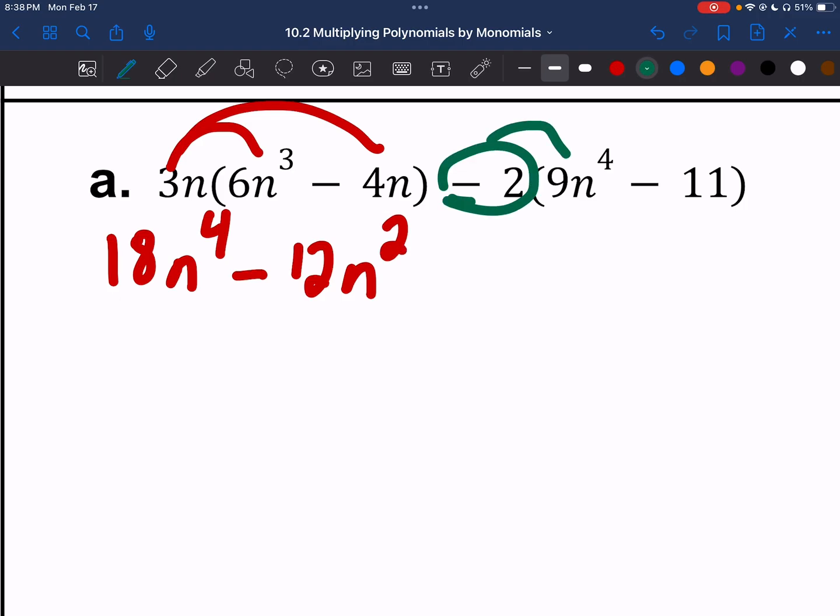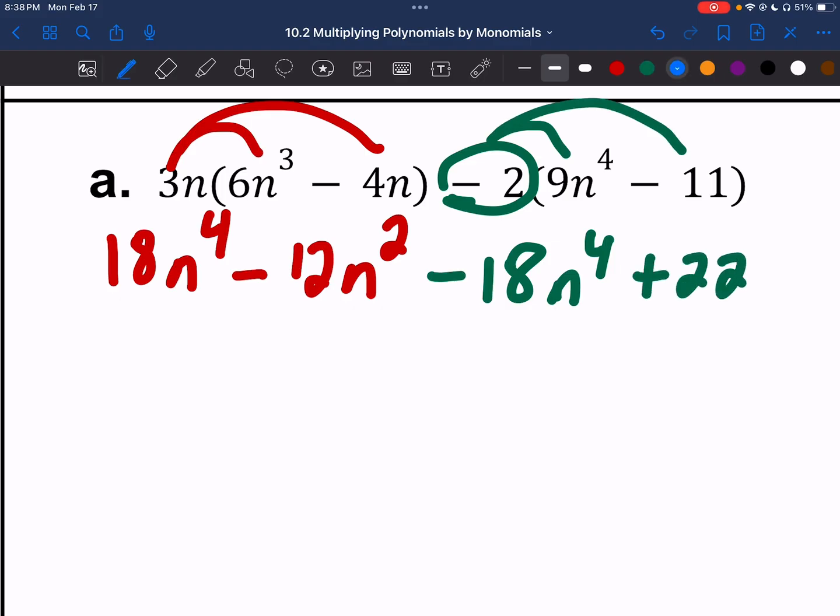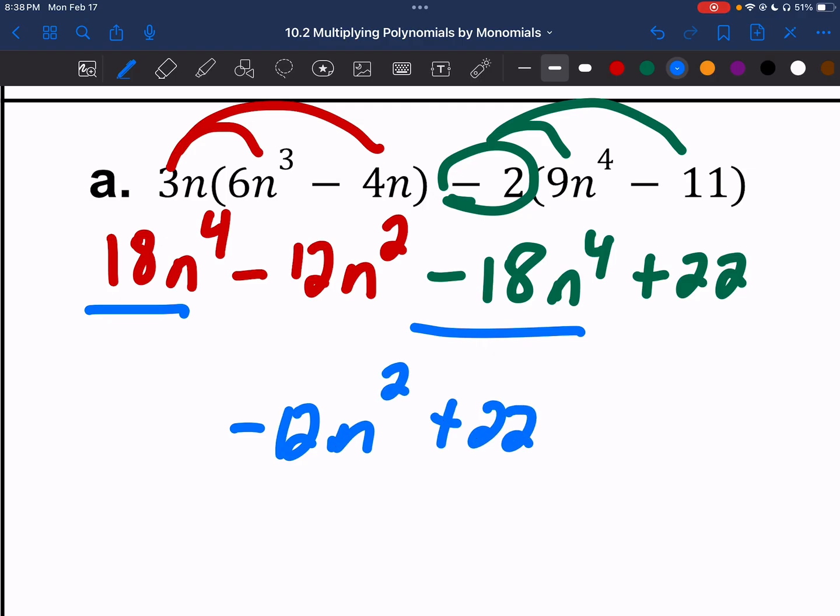Negative 2 times 9n to the fourth is minus 18n to the fourth. And then negative 2 times negative 11 is plus 22. Like terms, 18n to the fourth minus 18n to the fourth, you get negative 12n squared plus 22. Negative 18n to the fourth and 18n to the fourth are additive inverses. They add together to be 0. They go away.